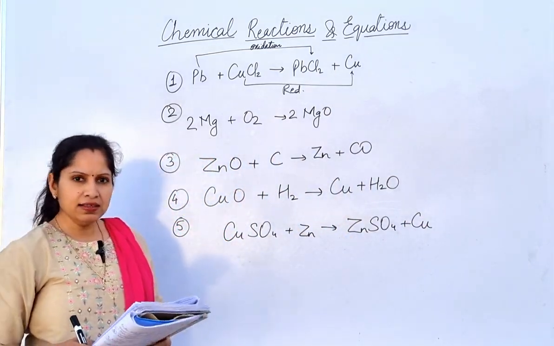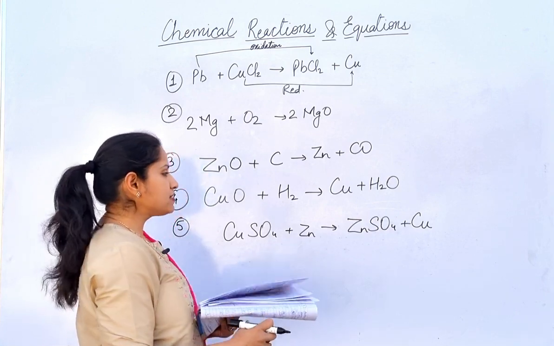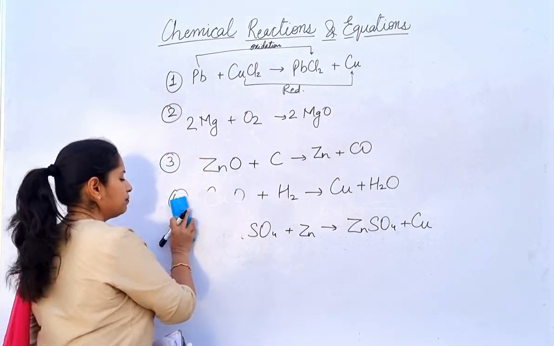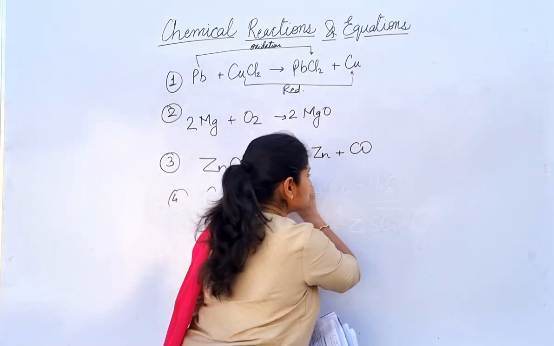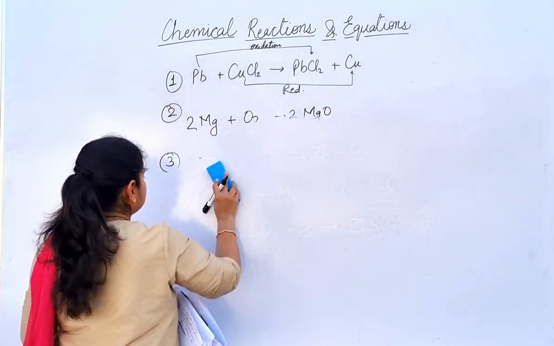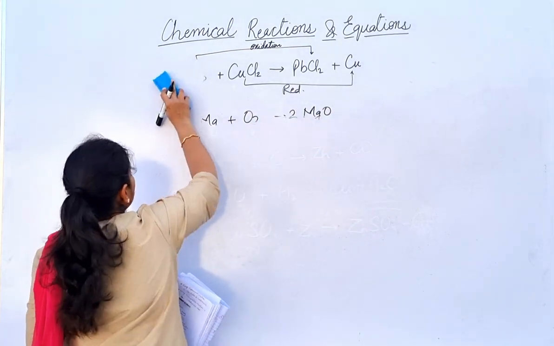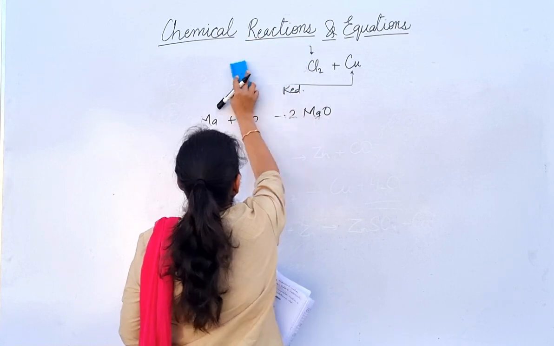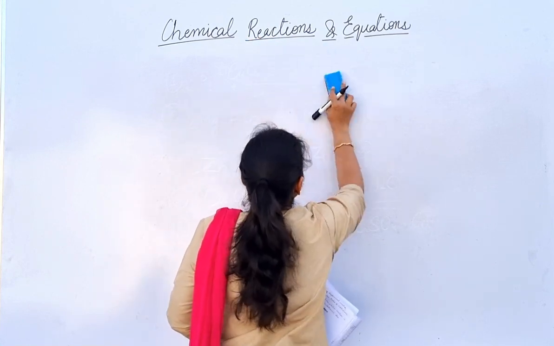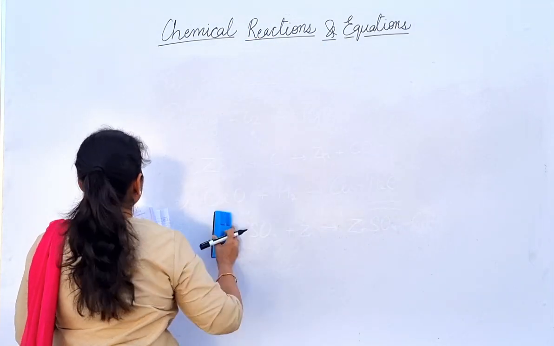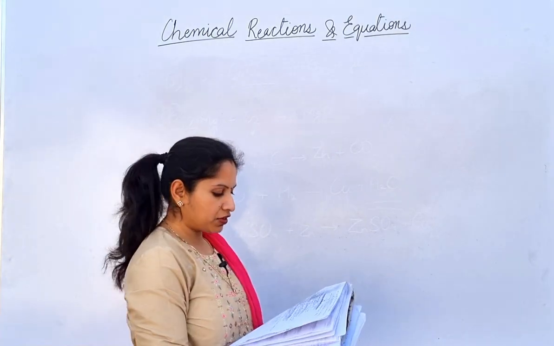This is already balanced, and it's also an example of single displacement reaction, or simply we can call it displacement reaction. So we have worked out certain equations. Now, next one.